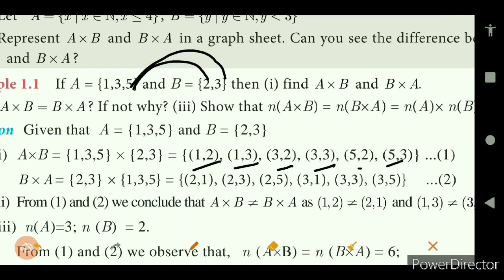How to find B cross A? Writing first elements of B cross this elements of A. So finding combinations: 2 with 1, the same 2 with 3, 2 with 5, 3 with 1, 3 with 3, this 3 with 5.